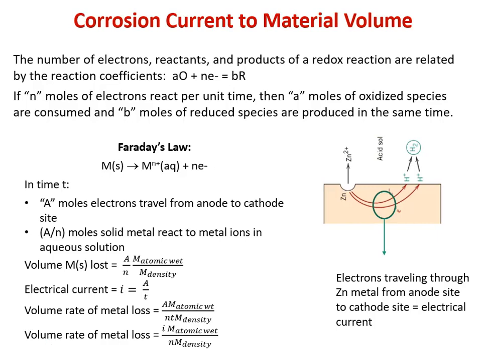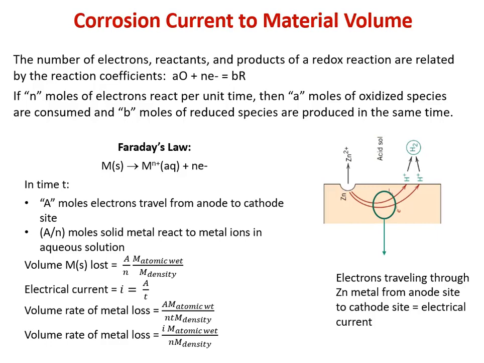So to get that relationship between current and material loss, we use what's called Faraday's law. And we go back to the stoichiometric coefficients of our oxidation-reduction reaction. And we notice that for our reaction, again, above, A O plus N electrons equals B reduced species, that our reduced species, which would, in this case, if we were driving it backwards to oxidation, would be, say, a solid metal.